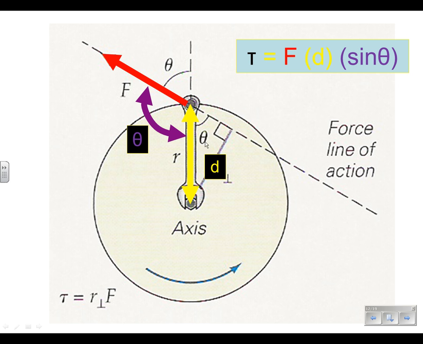You notice that there's also an angle theta here. Obviously those two thetas are not the same thing, but what we find out is that those two angles will add up to 180 degrees. And if you look at the sine of this bigger angle, the angle that's greater than 90 degrees, and the sine of this angle that's less than 90 degrees, you'll find that they give you the same sine value. So we can use either one of those angles.